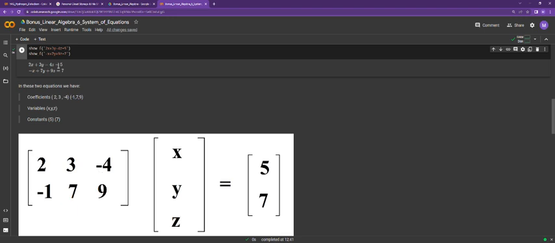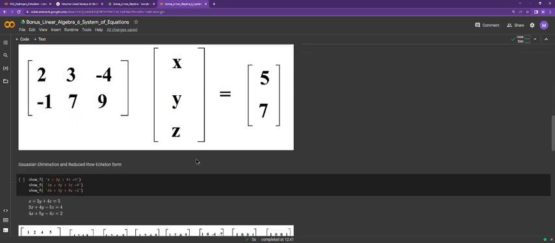The second row would follow the same pattern, representing equation 2. I want you to look at those formulas, and if this is new to you, try to make sense of how these two formulas can be represented in the form of a dot product between two matrices.